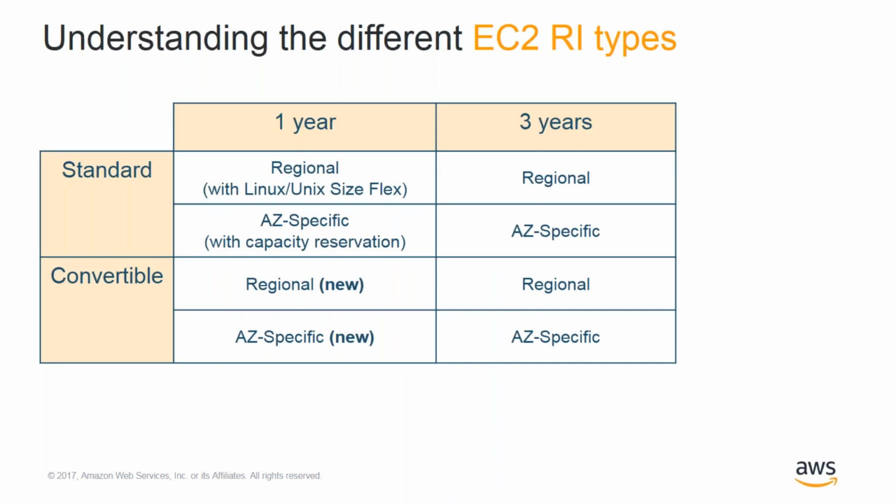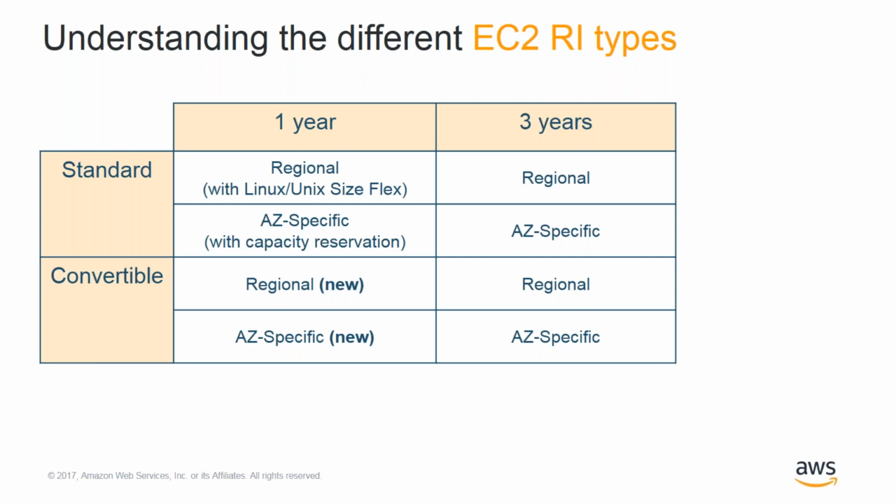And so there are a fair few different types of EC2 reserved instances. This table helps you understand that information in a more graphic way. As mentioned, there are 1 year and 3 year reserved instances. There are also standard and convertible reserved instances.